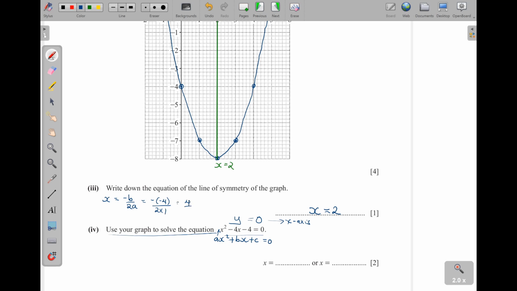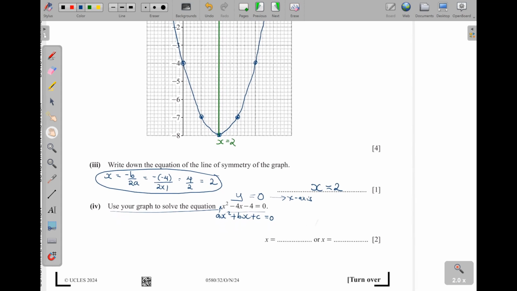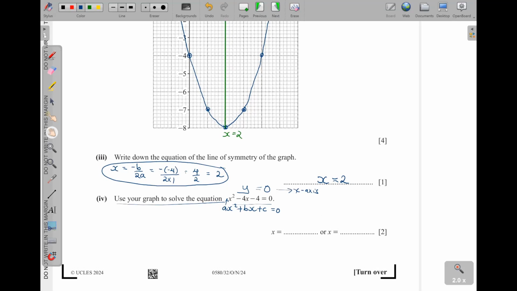So you have 4 over 2, which gives you 2. So then it will be x is equal to 2. You see that? So you can keep this in mind. The equation of the line of symmetry works for the quadratic curve, not every curve.